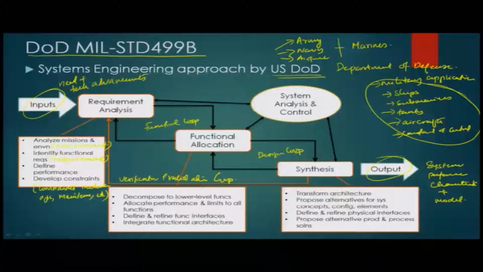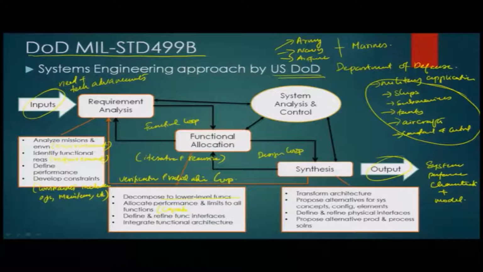The functional allocation, on the other hand, is where the iterative plus recursive aspect happens, where you decompose it into lower level functions, you keep going down. And then you allocate performance and limits to all functions.